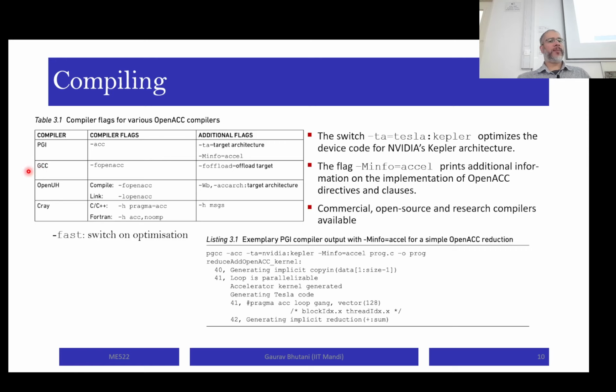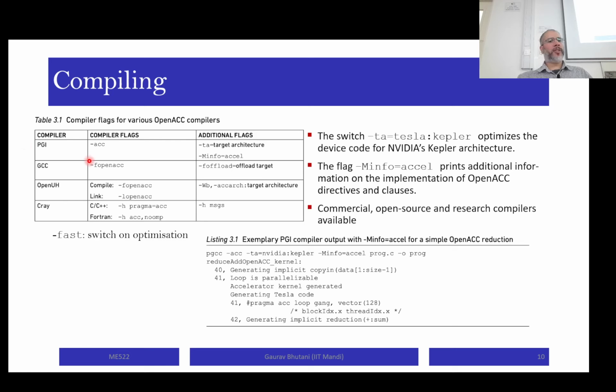You have the GCC compiler, which is the GNU open source one, and then you also have some research-based compilers, like by Cray and others. OpenACC has been developed extensively in the research community, so there are some research compilers available as well. We will demonstrate to you the PGI compiler, which is the NVIDIA PGI compiler.